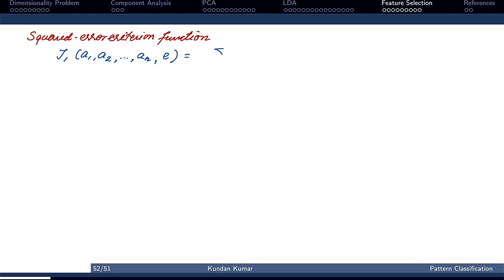We have to compute the squared error, x minus xk. We have already seen this expression, but we have to put the value of x as the equation of the line.